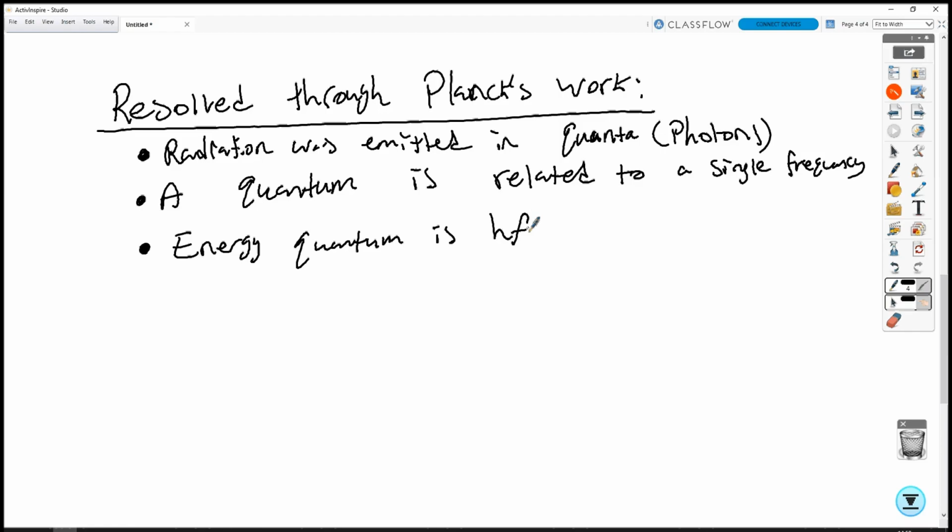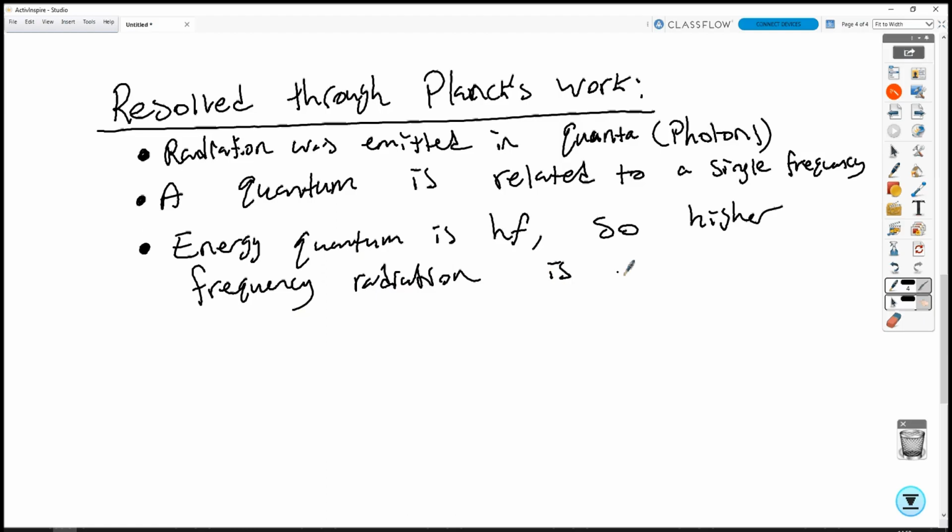Because now the frequency is related to the energy, not the intensity. So, higher frequency radiation is emitted in larger packets of energy.